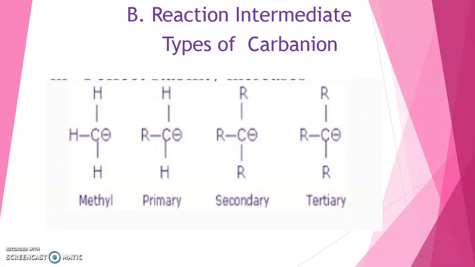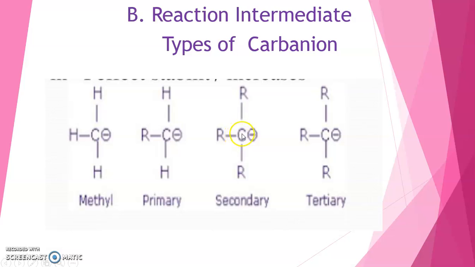Now see, same as that of the carbonium ion, there are three types of carbanion: primary carbanion, secondary carbanion, and tertiary carbanion. Now we know the terms primary carbon, secondary carbon, and tertiary carbon. A carbon atom which is attached to only one carbon atom is known as a primary carbon atom.